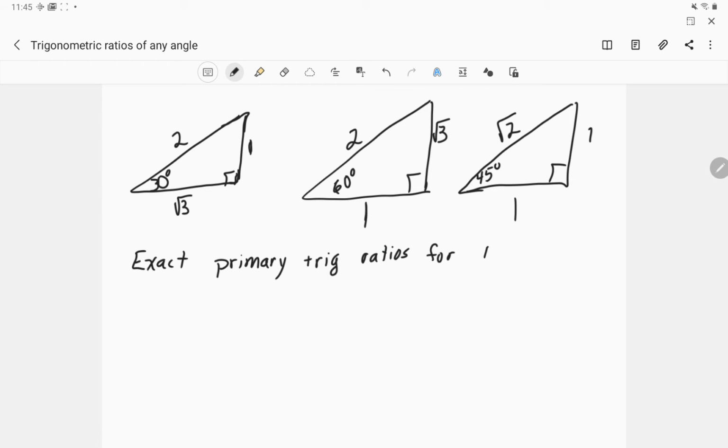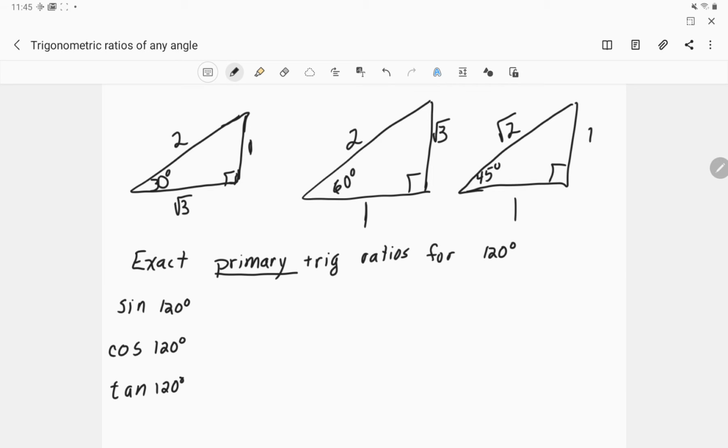Now, when they use that word primary trig ratios, they mean just the 3 you normally do, sine, cosine, tangent, not the reciprocals. So primary just means sine, cosine, and tangent. So we are looking for what is sine of 120, what is cos of 120, and what is tan of 120. But they want the exact answer.